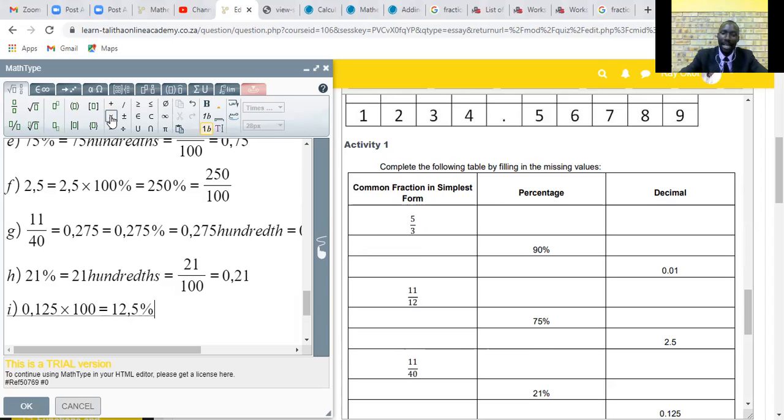12.5%. And in decimal notation, this 12.5 is going to be divided by 100 this way. What do we get?